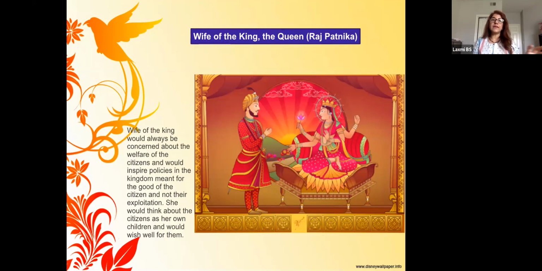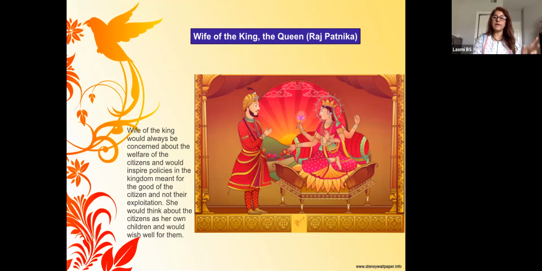Even though the king is ruling the country or the kingdom with his own norms and rules in place, the queen also had the responsibility to take good care of the citizens, making sure that citizens are happy and not exploited by any means. All that kind of work queens were taking care of.